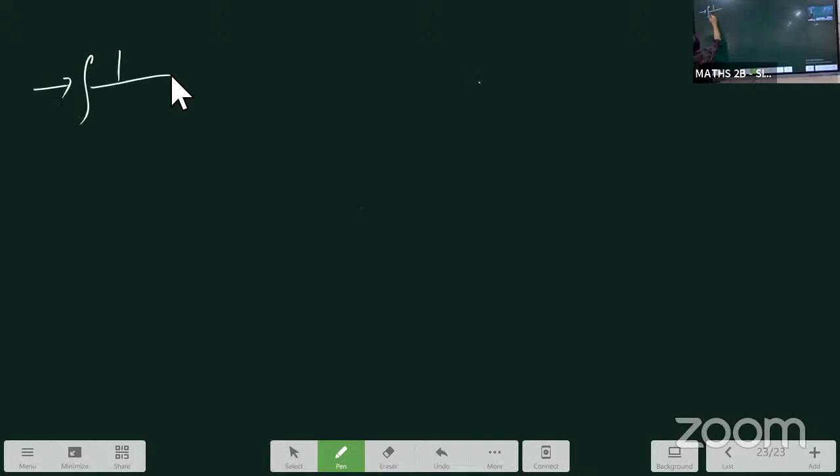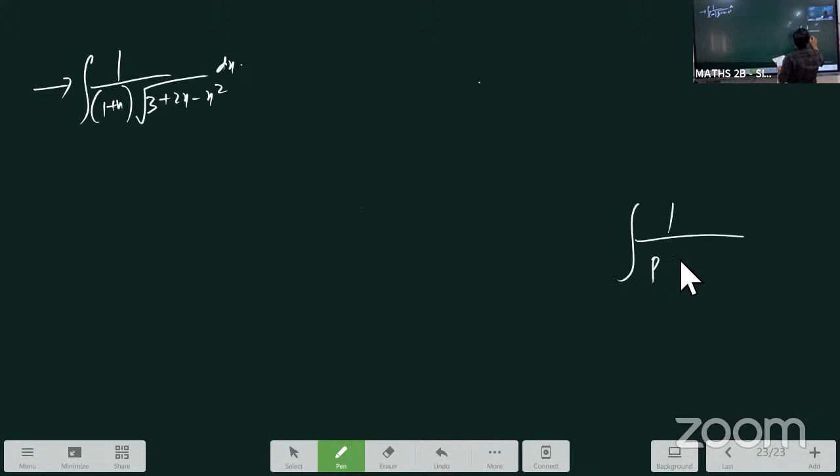Integration of 1 by (1 plus x) under root of (3 plus 2x minus x square) dx. Now, how does it look like? Integration of 1 by (px plus q) into under root of (ax square plus bx plus c) dx. Correct?